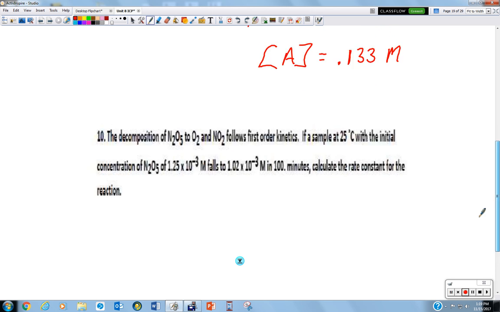All right, so let's look at number 10. Number 10 says the decomposition of N2O5 to O2 and NO2 follows first order kinetics. If a sample at 25 degrees with the initial concentration being 1.25 times 10 to the negative 3 molar falls to 1.02 times 10 to the negative 3 in 100 minutes, calculate the rate constant for the reaction.